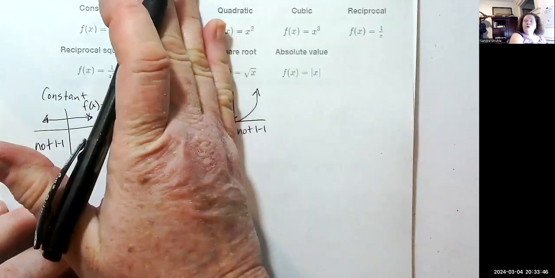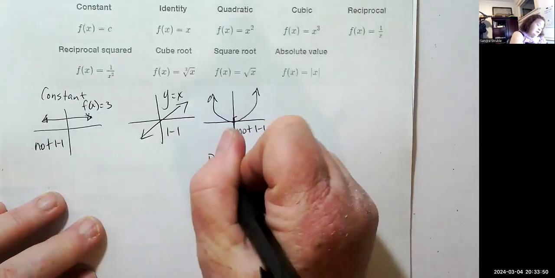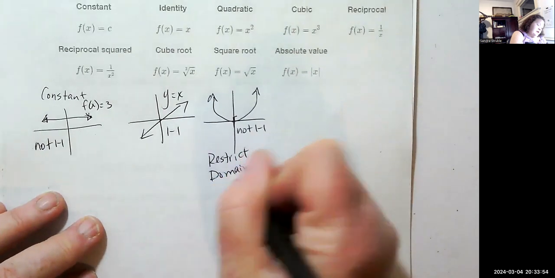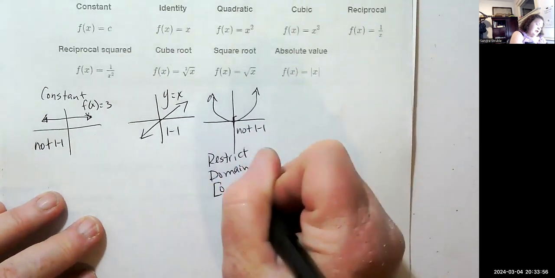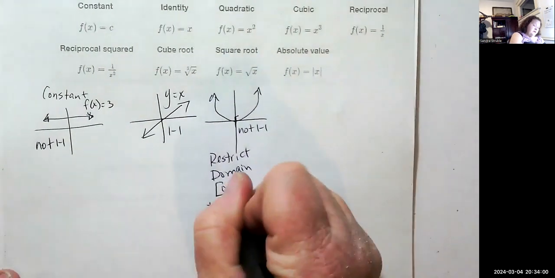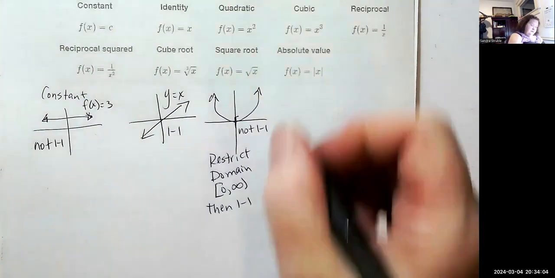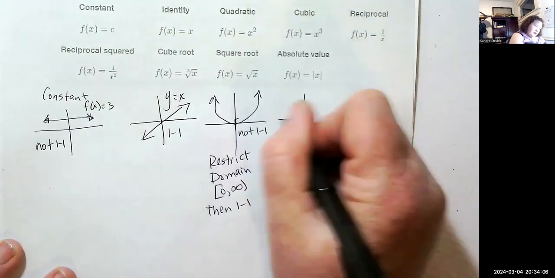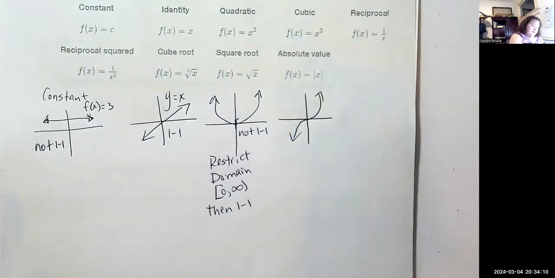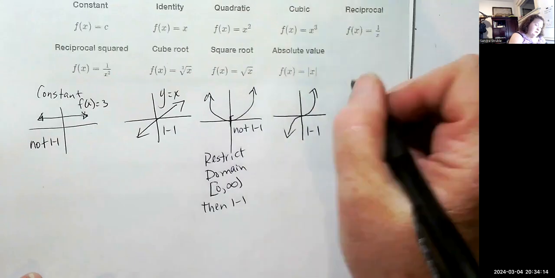So I would restrict the domain from 0 to infinity, and then it is one-to-one. Cubic is just like this. It is one-to-one, so we don't need to worry about restricting it.